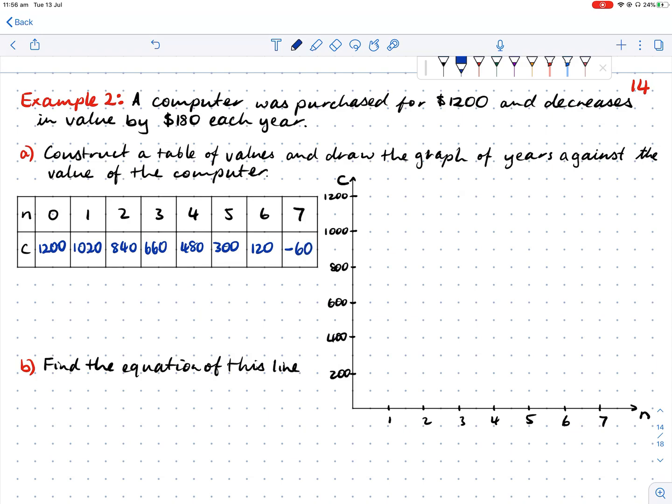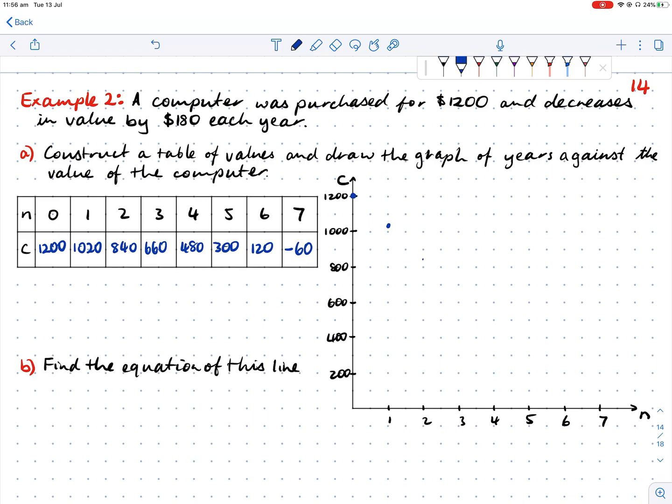60. So what we're now going to do is, on our number plane, plot these points. Hopefully they end up being a straight line, because that's what we're expecting. At n equals 0, the computer is 1,200. At n equals 1, it's 1,020, so we're going to estimate that value.